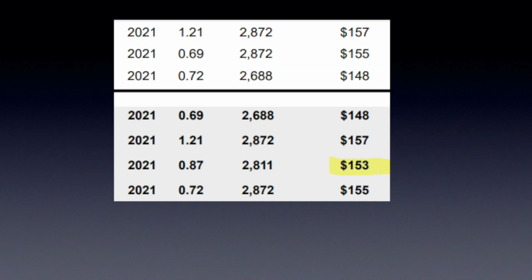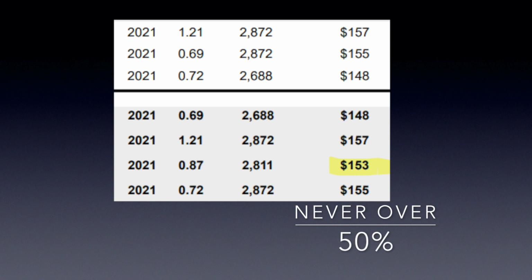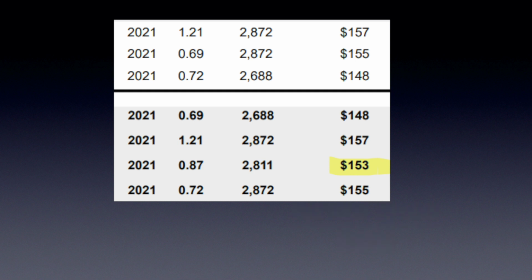So if the average price per square foot is $100, then the adjustment in the grid is going to land somewhere between $25 and $50. It's never going to be over 50%. So keep it at or below that 50% margin when you're doing those adjustments, because you don't want your adjustments to be statistically skewed in one direction or another. They can't be too high and they can't be too low.